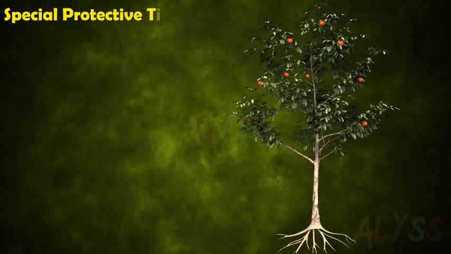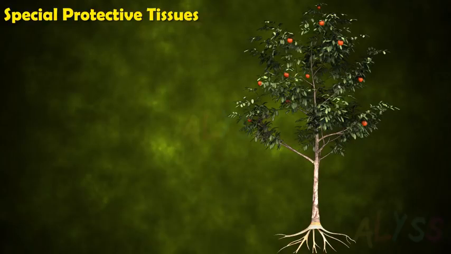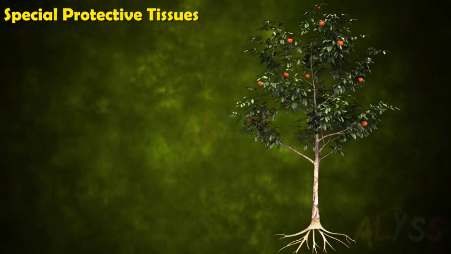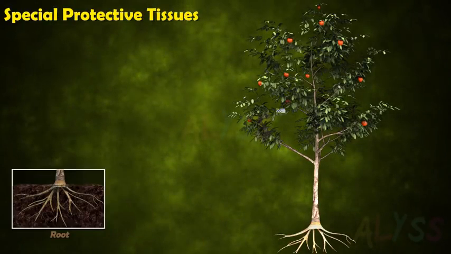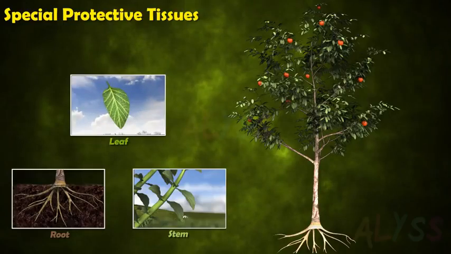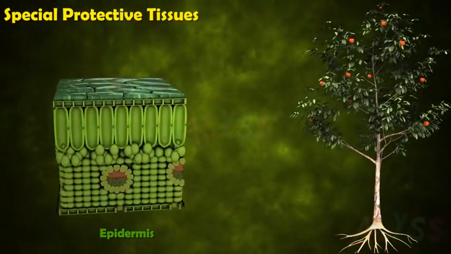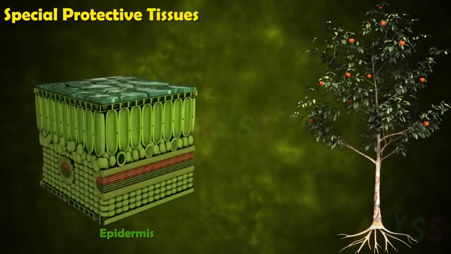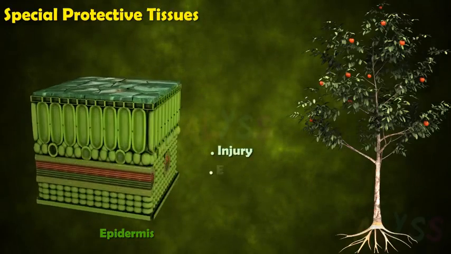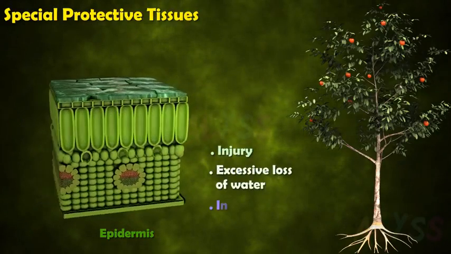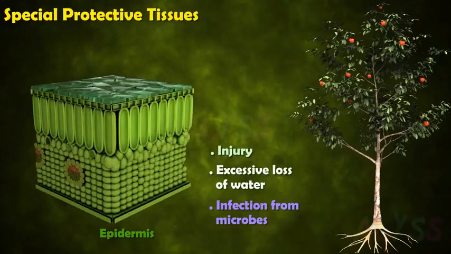There are special protective tissues also present in plants. That is, the outer covering of the roots, stem, and leaves, called the epidermis. Epidermis protects the inner parts from injury, excessive loss of water, and infection from microbes.